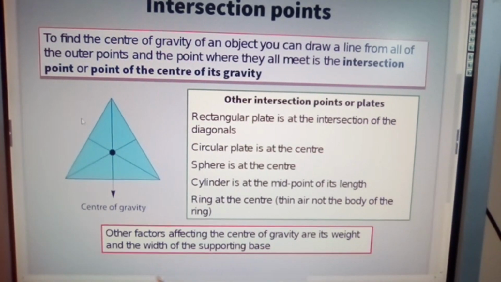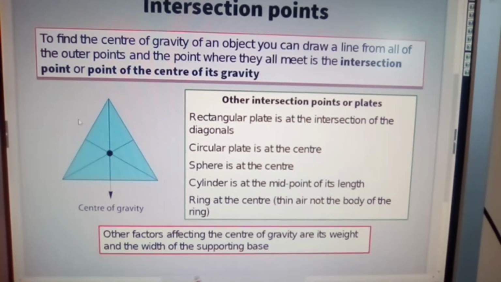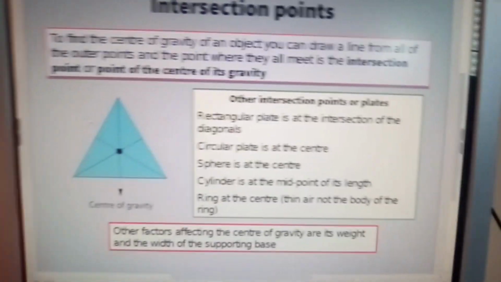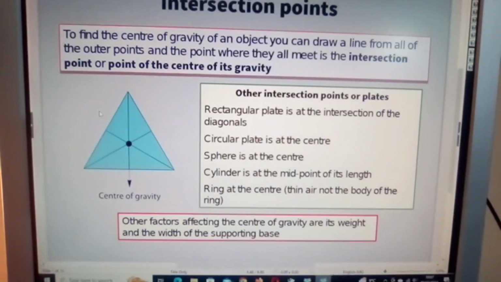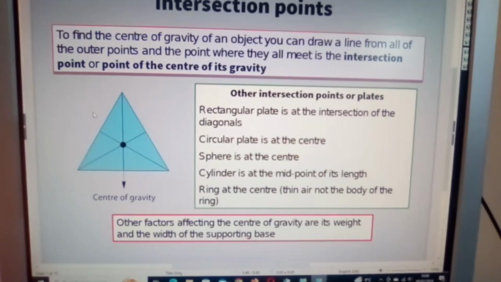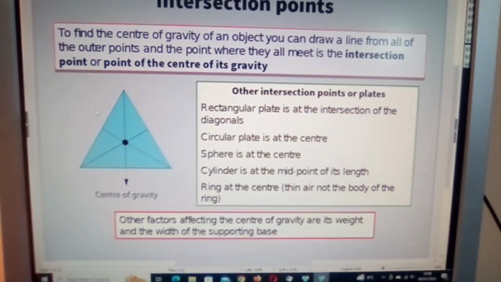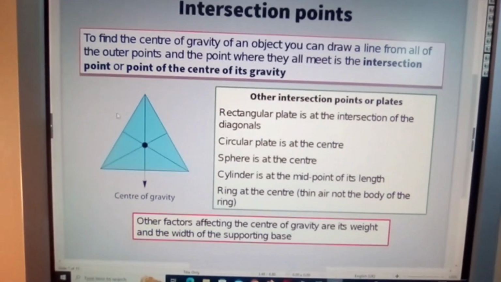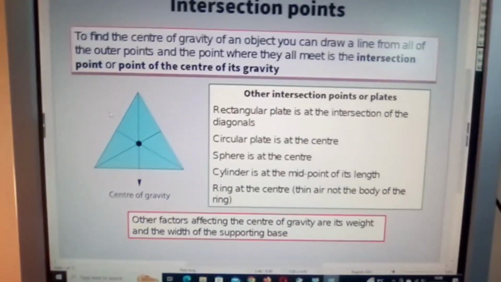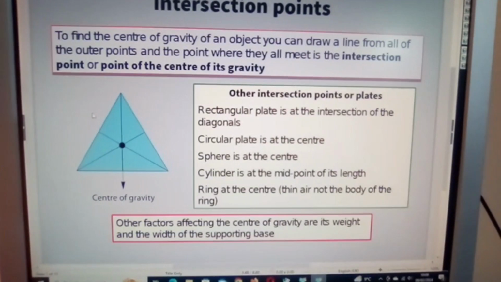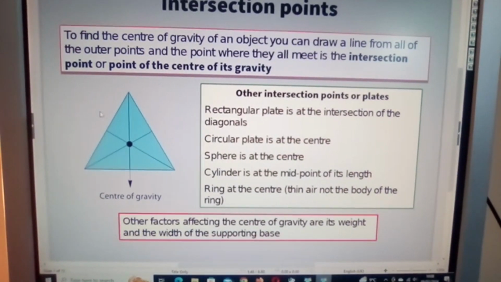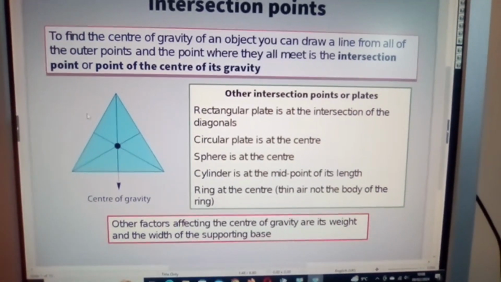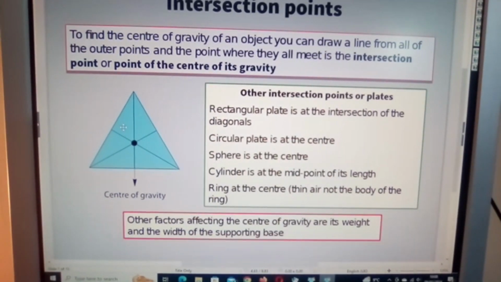Now, the factors affecting the center of gravity are its weight and the width of the supporting base. Have you ever wondered why tall towers, 10, 20, 30 story buildings, a block of flats, for heaven's sake, stand up and don't topple over?